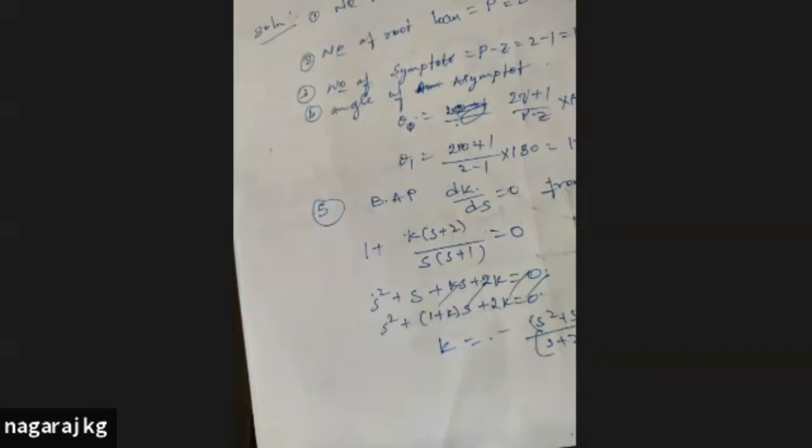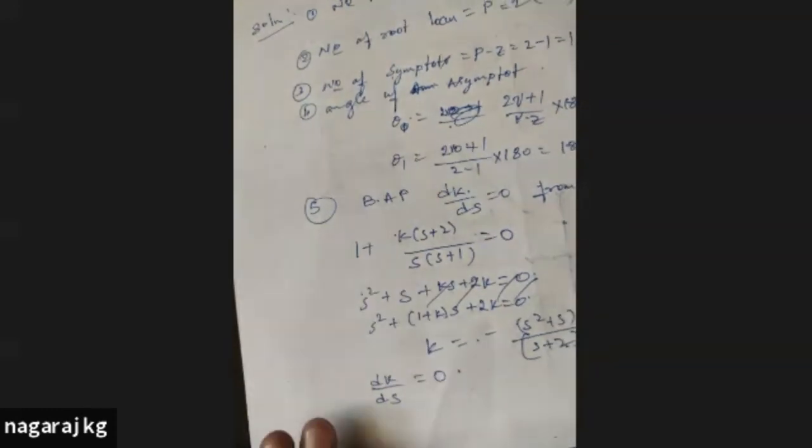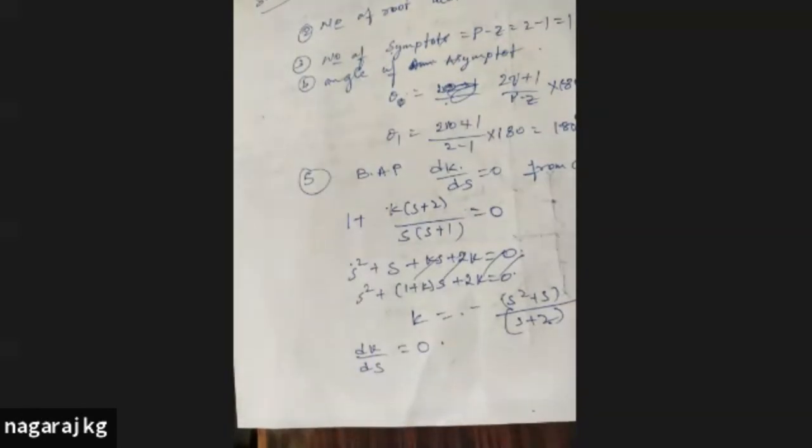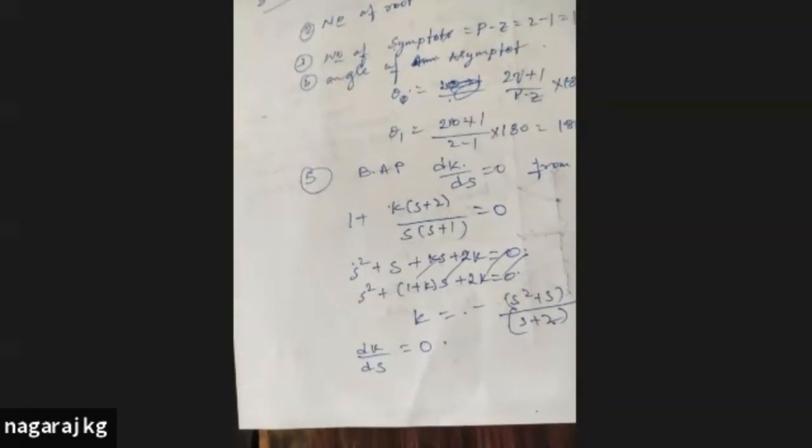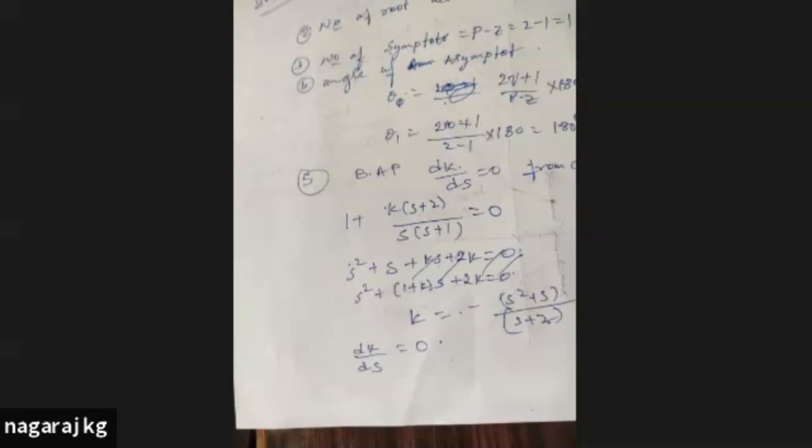Now you can differentiate this with respect to s and equate it to 0, dk divided by ds is equal to 0. Get me these values. After differentiating, you give me the simplified equation.